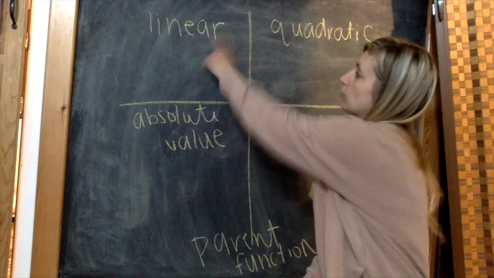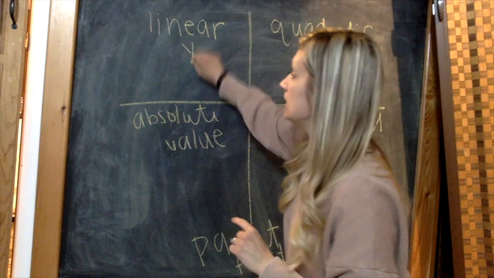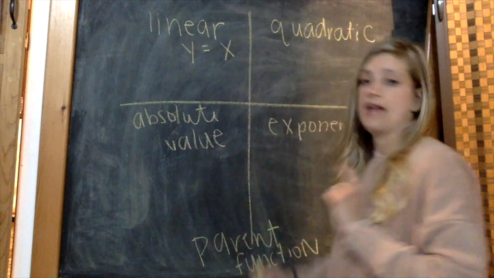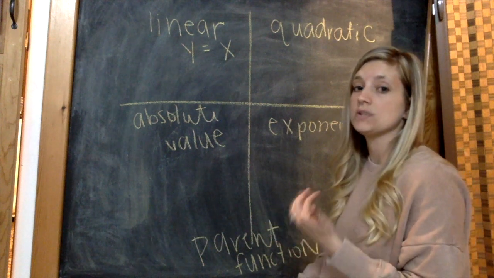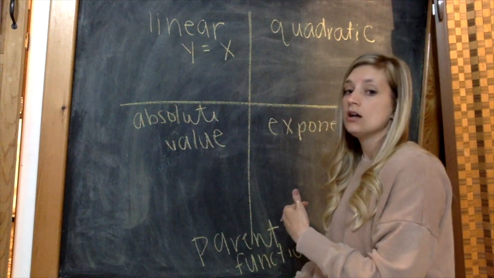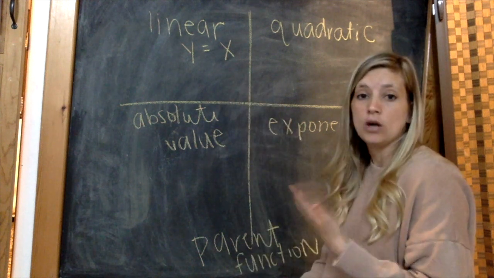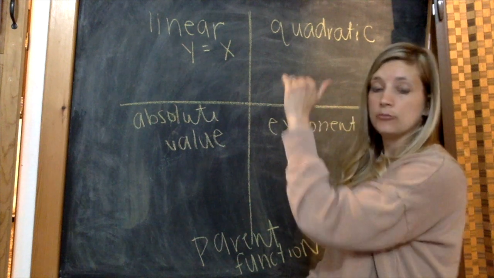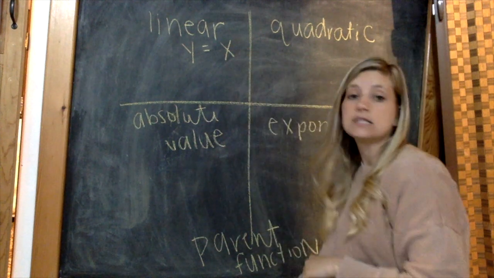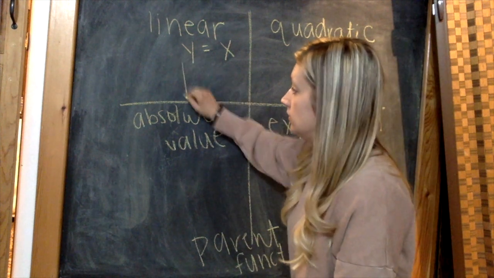For linear, the parent equation is y equals x. This is in the form of y equals mx plus b, but we don't need a b because it's super basic, and our m is 1. So this is a 1x. So up 1, right 1, up 1, right 1, up 1, right 1. There is no b, so it would start at 0. So your graph is this.